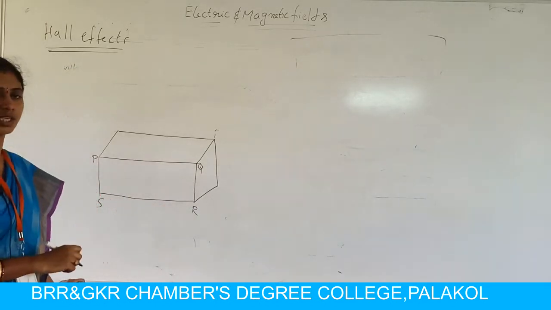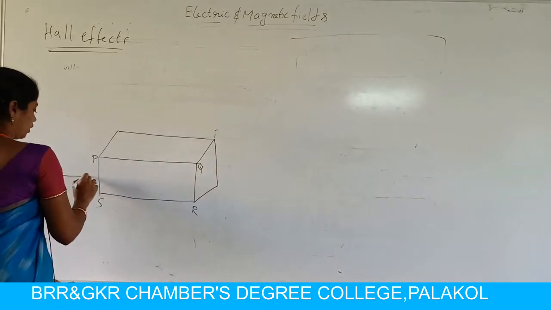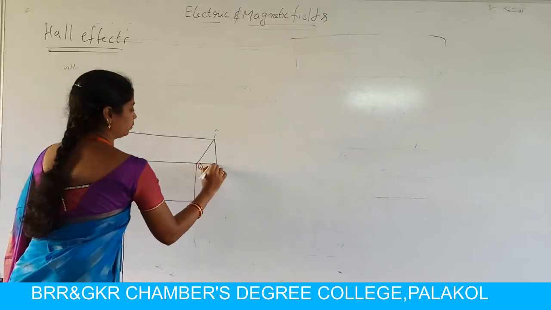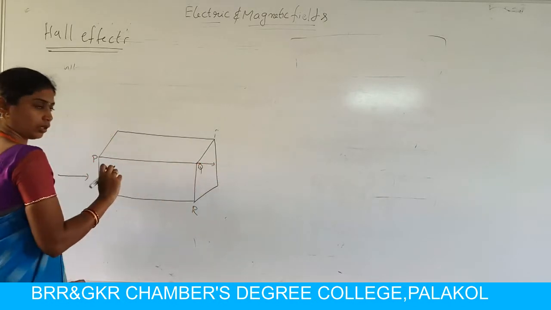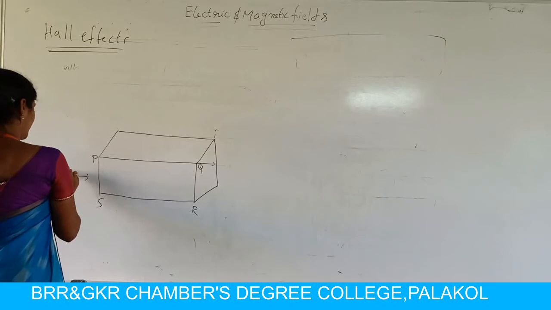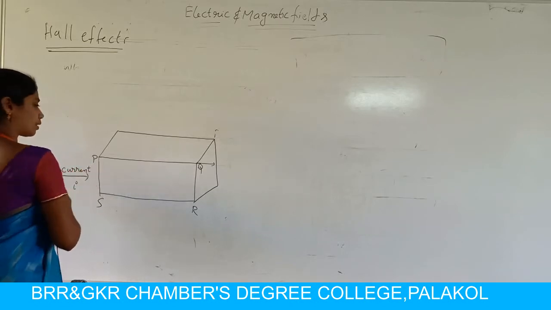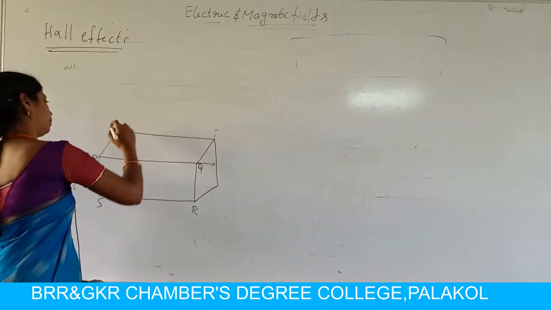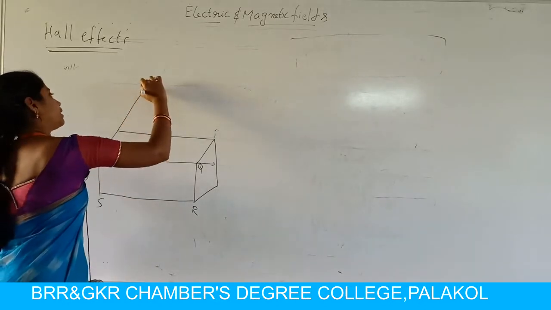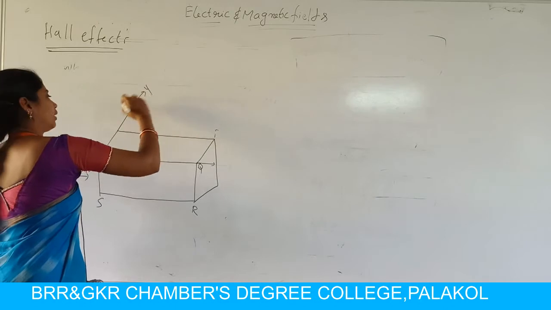Here along the x direction, this is the x direction, he passed some current I through this conductor. Then he observed a magnetic field is established along the y direction.